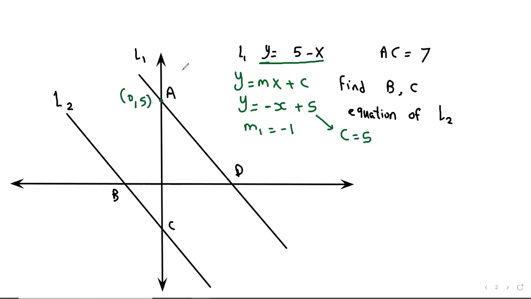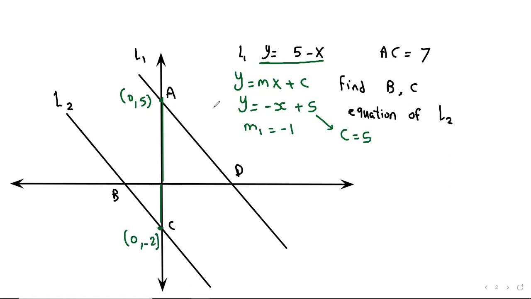AC equals 7. The length of AC is 7. And I have 5 units up here in the positive direction of the y-axis. So we must have 2 units down here because the length of AC is 7. That means this point C is going to be 0 and negative 2.